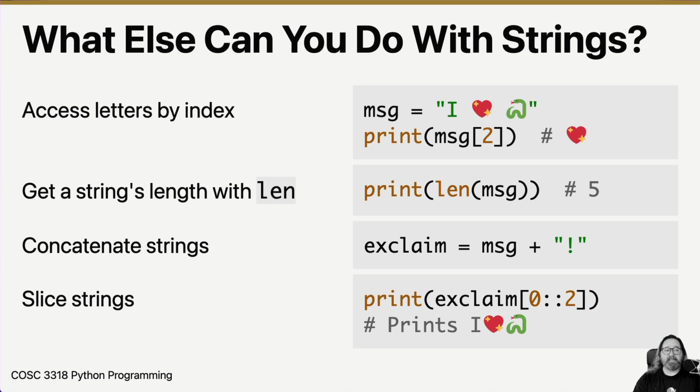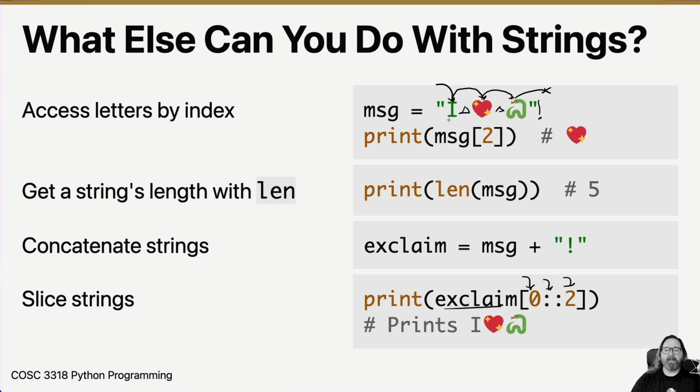And we can take slices of strings, just like we can of lists and tuples. Here we're going to start at 0, we're going to go to the end of the string, and we're going to get every second element. So it starts here at I, and then it hops over and it goes to this one. Remember, there's a character here and a character here, and because we're using exclaim, there's an exclamation mark at the end, and it's going to hop over this one and get that one, then it's going to hop over, and then it hits the end of the list, and it's done.